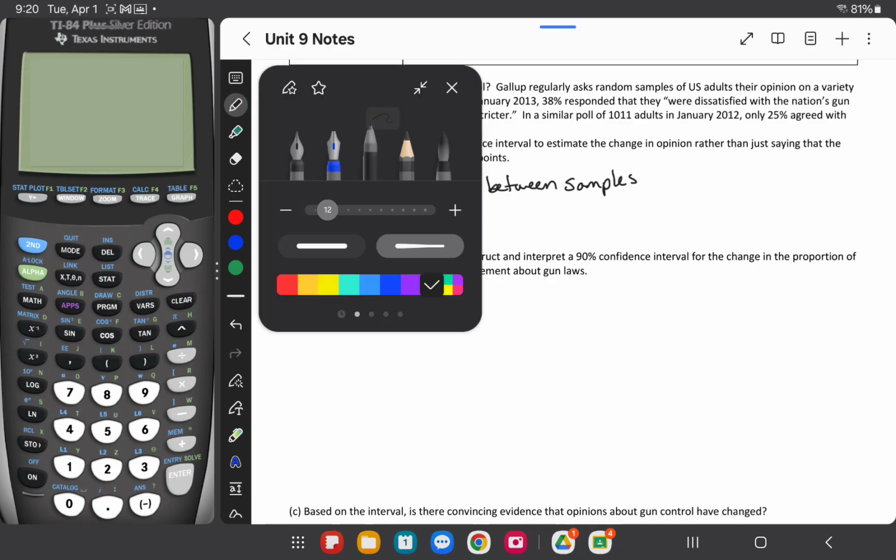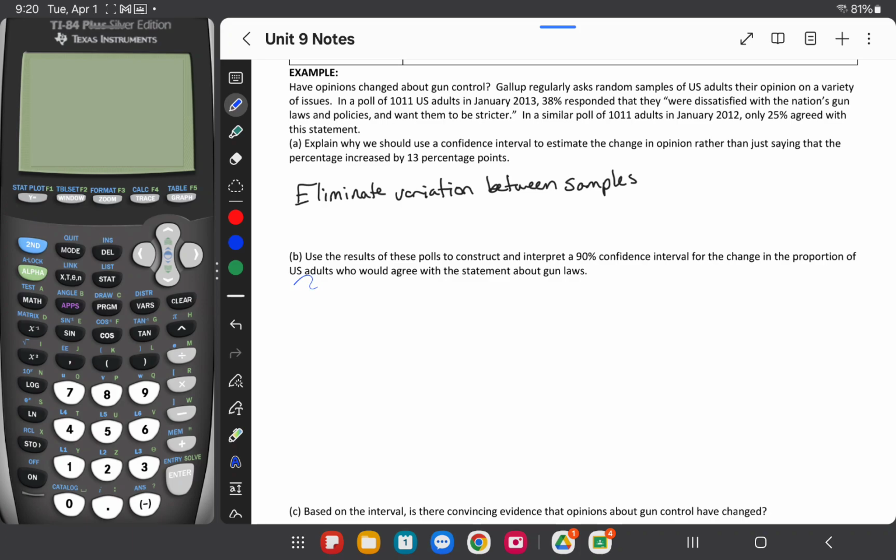So in part one, let's make sure for our statement that we're saying our parameters of interest as well as the confidence level. So we're going to let p1 represent the true proportion in 2013 who would agree with the statement.